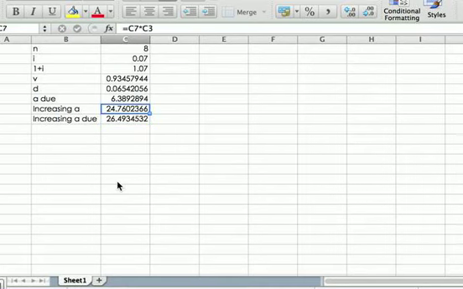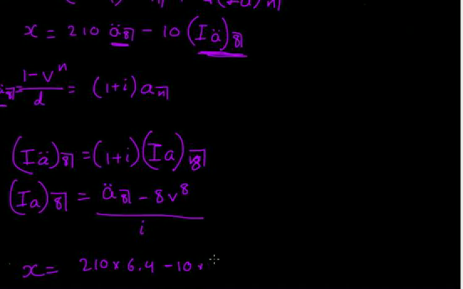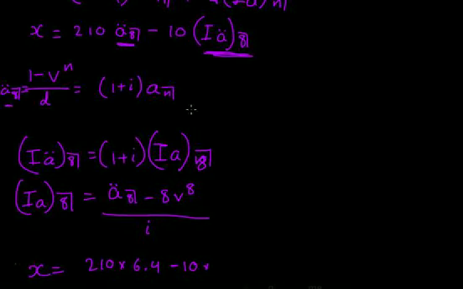So if we have that A due is 6.4-ish, I'll just write that down. We're going to have 210 times A due, which is about 6.4-ish, minus 10 times the increasing annuity due, which is 26.5-ish. But we'll work out the exact answer using Excel.